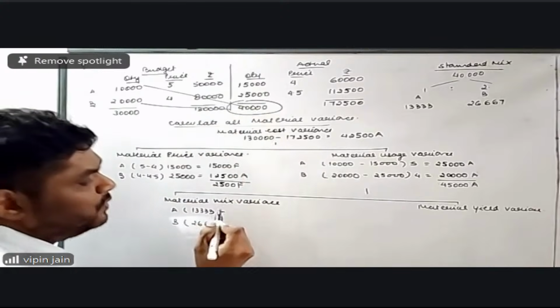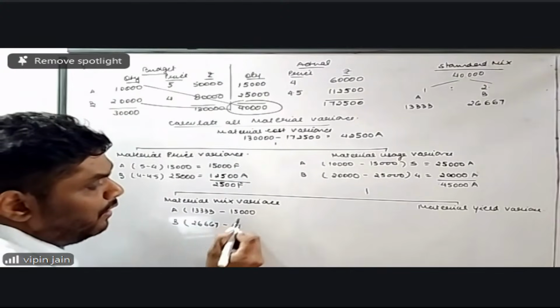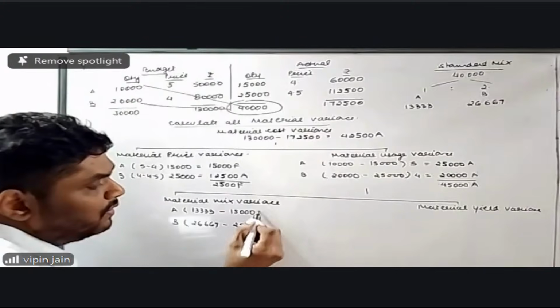But my actual mix was 15,000 and 25,000.